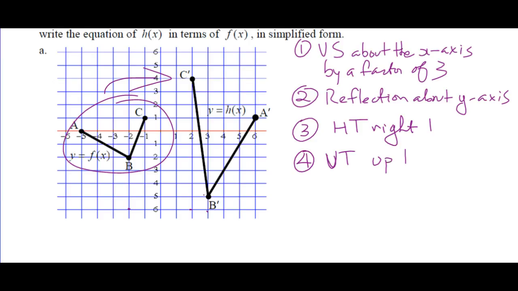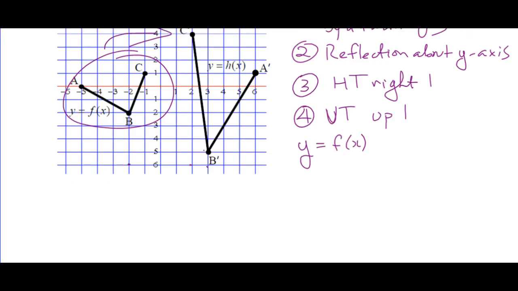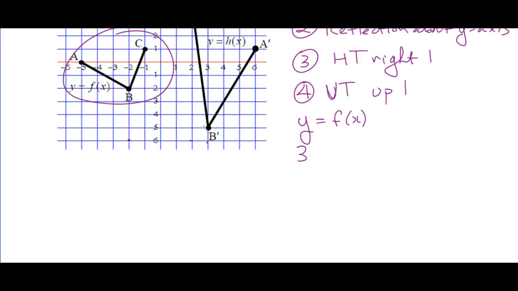Okay. What was the actual question asking us? Transformed into. Okay, so now we got the description. We just have to take f of x and write it as h of x. Okay, vertical stretch means that I replace y with 3y. Wait, was it by 3?